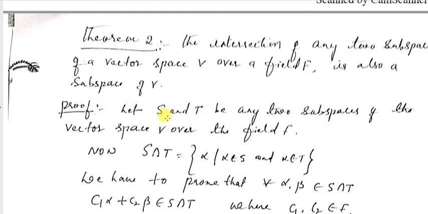So let us consider two subspaces of V, say S and T, over the field F. So now let me define their intersection.